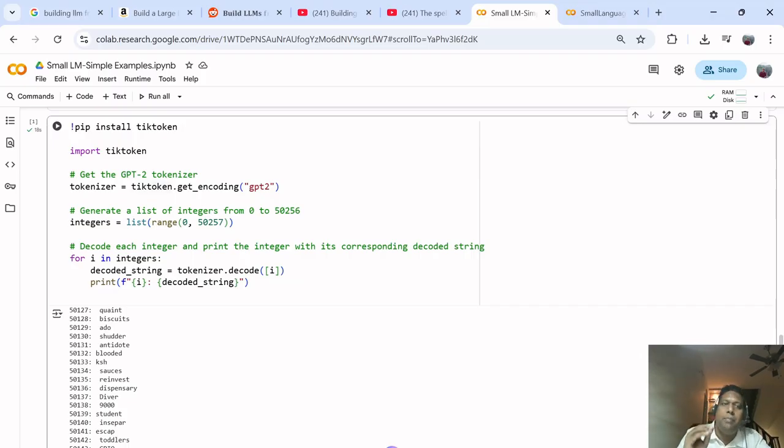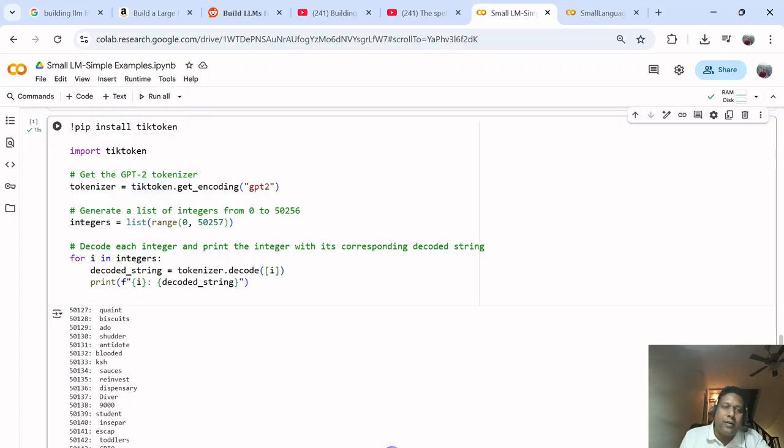What the GPT team has done is they have taken this concept of byte pair encoding. They've taken a large body of text, looked at individual bytes, and then clubbed the bytes based on the number of times they occur, and started encoding it.